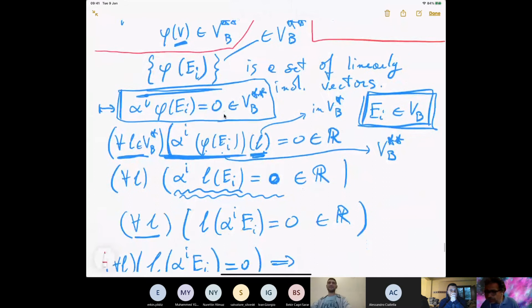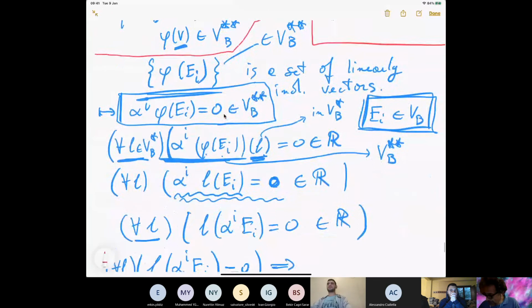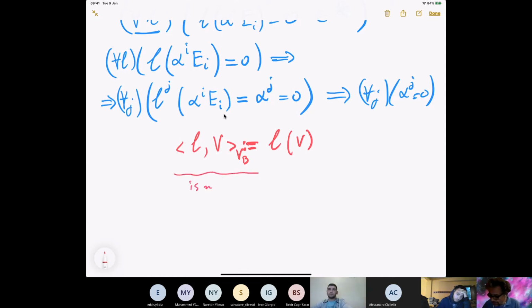By the way, you could write a symbol like this for meaning the duality in V. This is a symbol which simply means L applied to V. So this is not an inner product for the moment.